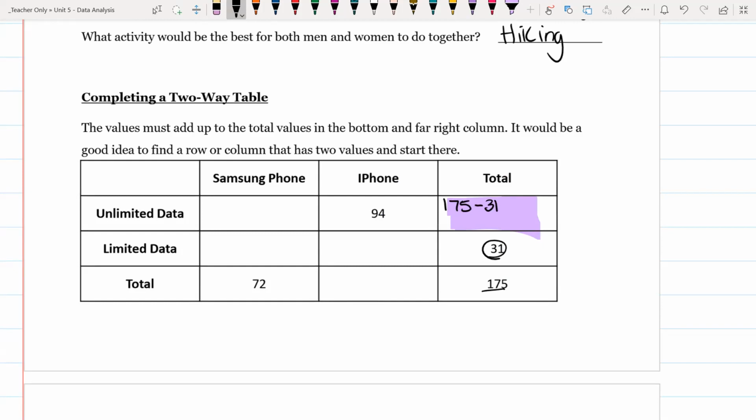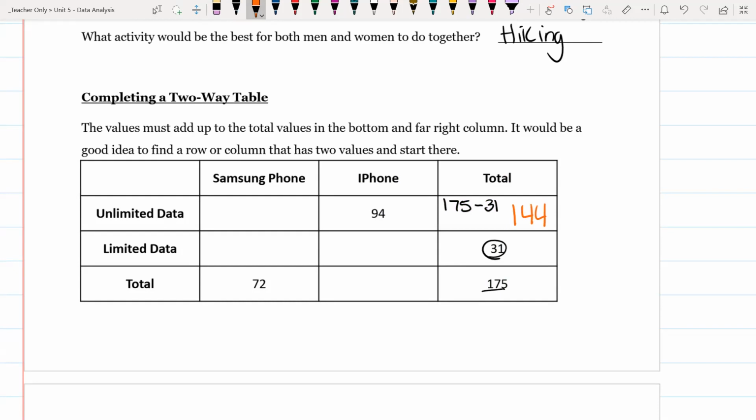So we would do 175 minus 31 in our calculators. And when we do that, we're going to get 144. Okay, so 144 out of the 175 surveyed have unlimited data.